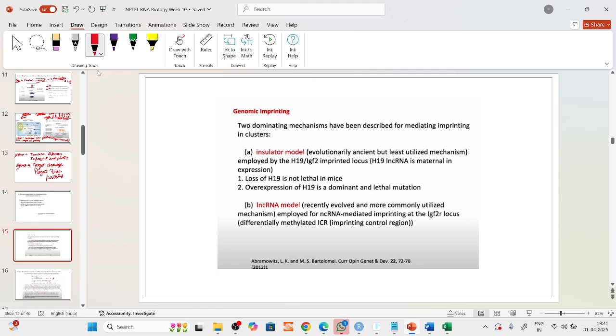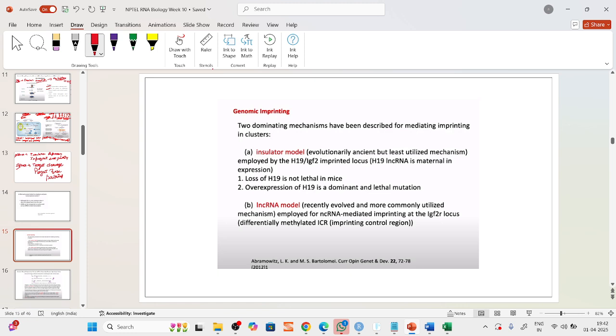The main thing which you should remember in these two models is that the insulator model is employed by the H19 IGF2 imprinted locus, and the lncRNA model by imprinting at the IGF2R locus, which is actually also known as ICR, differentially methylated.